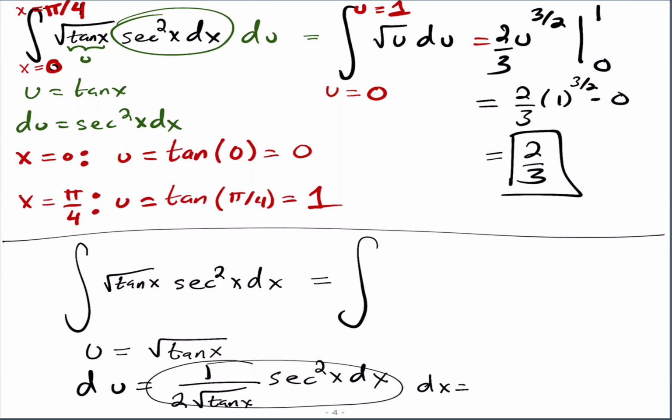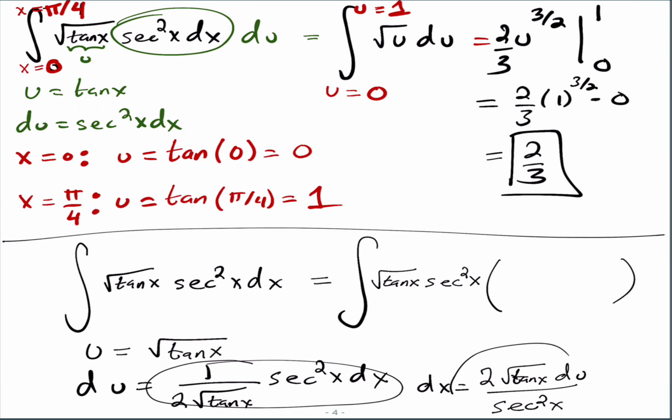You would get 2 root tan x du over secant squared x, right? Okay. All right. So it kind of looks like a bit of a mess, but let's just go with it, see where it leads us. And then here I'm going to just substitute all this stuff that I just found for dx. So I have 2 square root of tan x du over secant squared x.